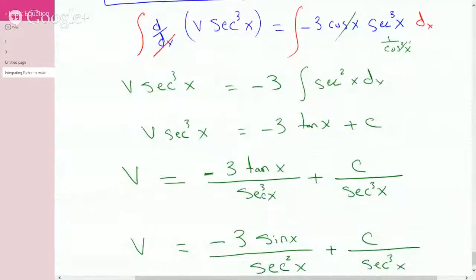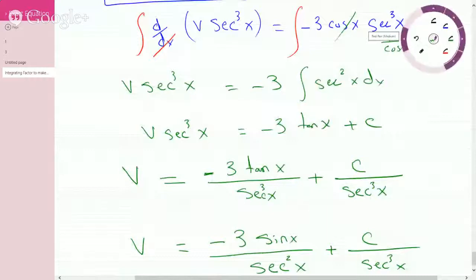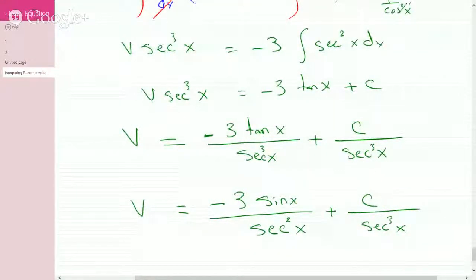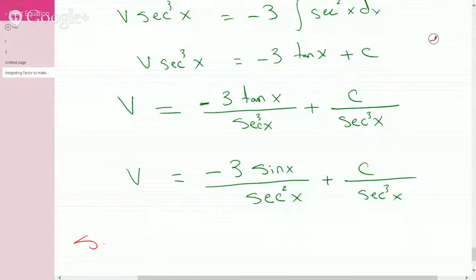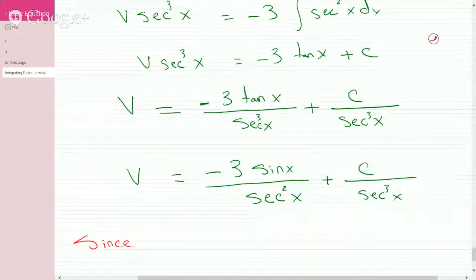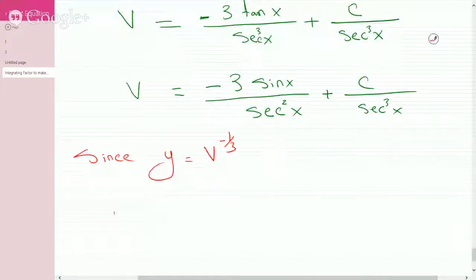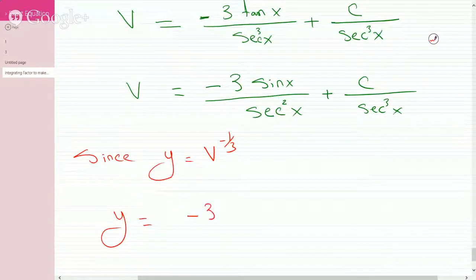So since y is equal v to the minus 1/3, then y will just equal this whole thing raised to the minus 1/3.